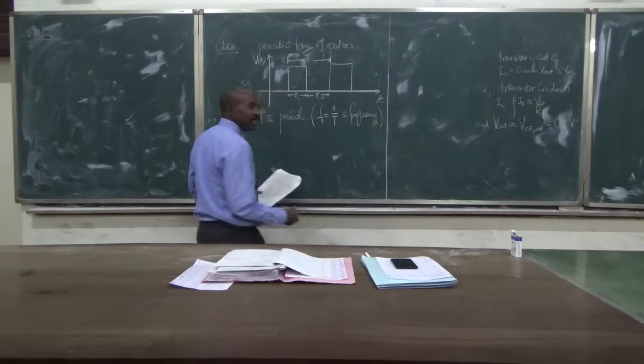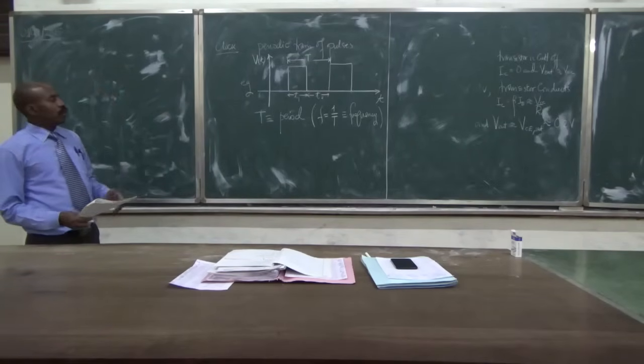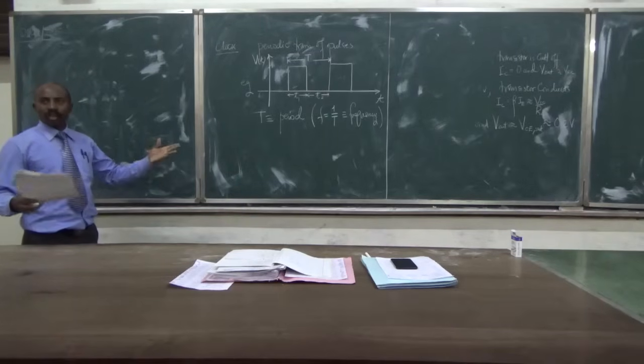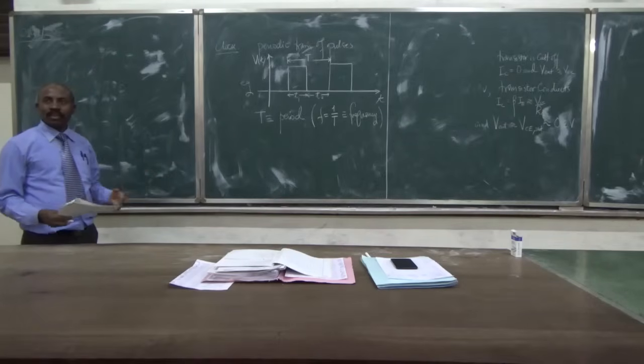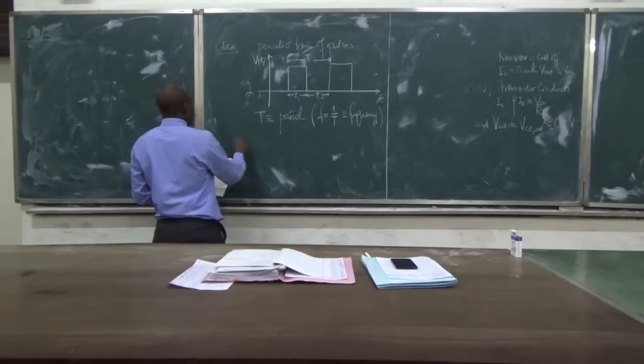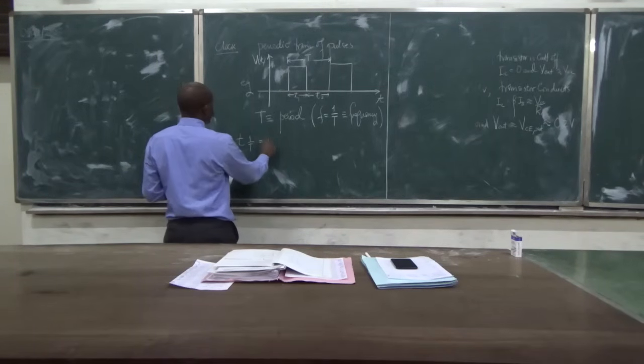I'm summarizing for those of you who go through the long material. There are many words to encourage you to read the next step. Here I'm giving a summary. The time 1 over t is what we call a duty cycle.